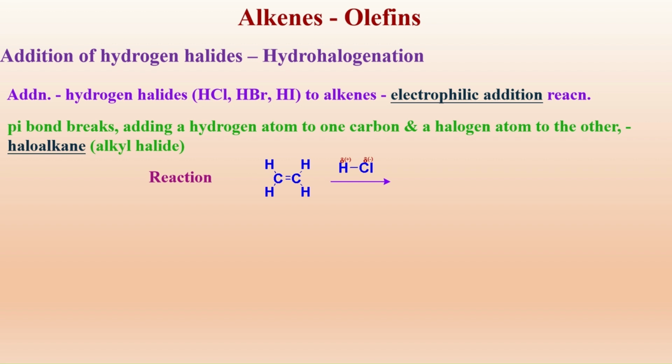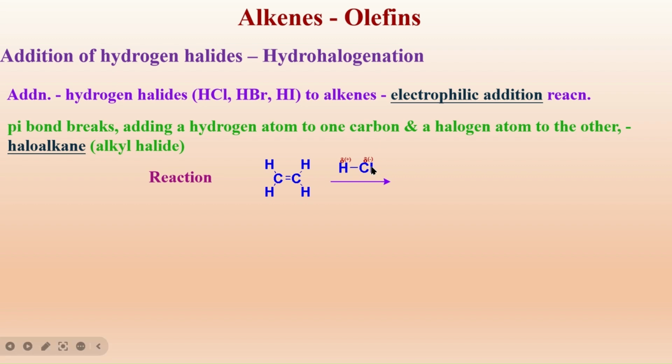Halogen is an easy leaving group, and that's why it pulls its electrons towards itself, making it electron rich, which we represent here as delta minus. As it has pulled the electrons towards itself due to its electronegativity, the hydrogen will have fewer electrons, which is represented as delta positive.